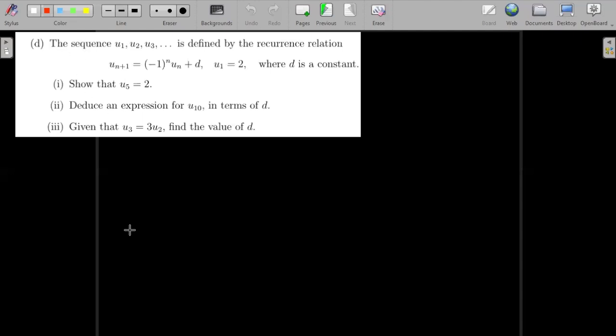Right, so now we solve the last question on question 1. They're saying the sequence U1, U2, U3 is defined by the recurrence relation, this one, where U1 is equal to 2, where D is a constant, find or show that U5 is equal to 2. So I'm going to be using this same formula. Since U1 has been given as 2, I can find my U2.